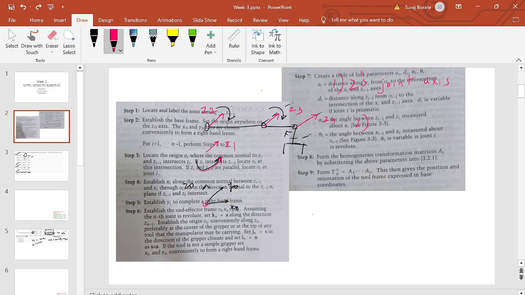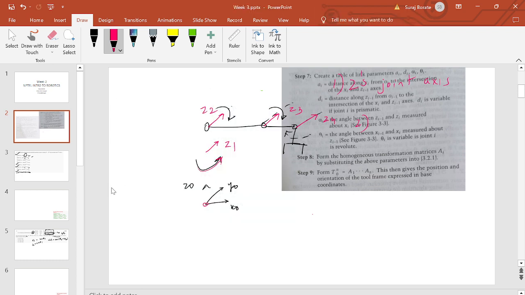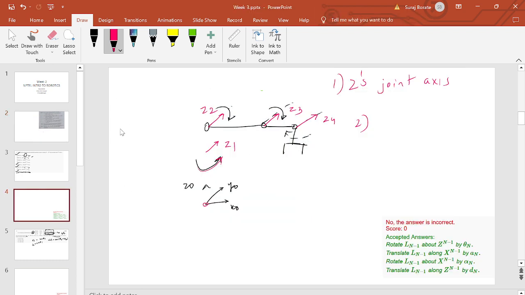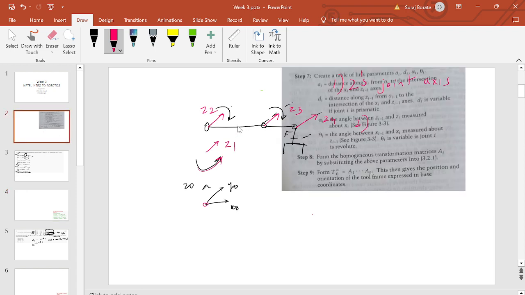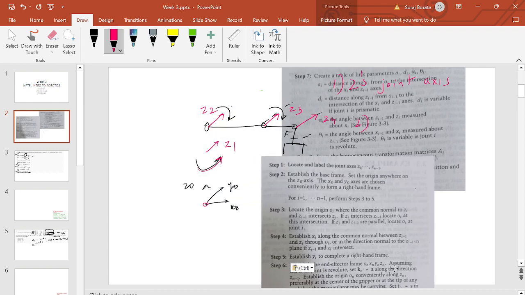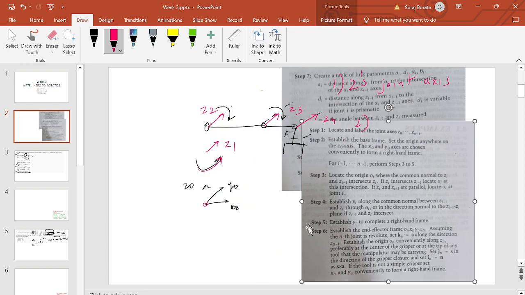So what is step 2? Establish the base frame: set the origin anywhere on the z0 axis, and choose x0 and y0 conveniently to form a right-handed frame.